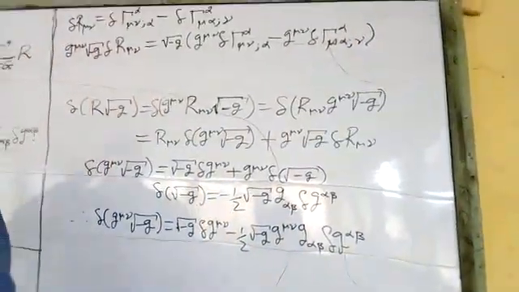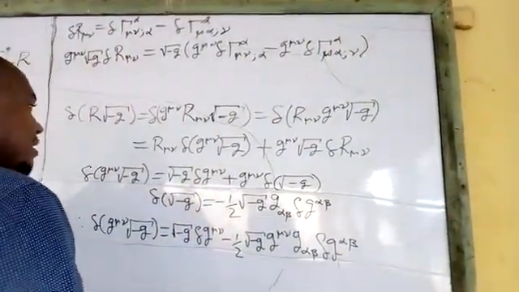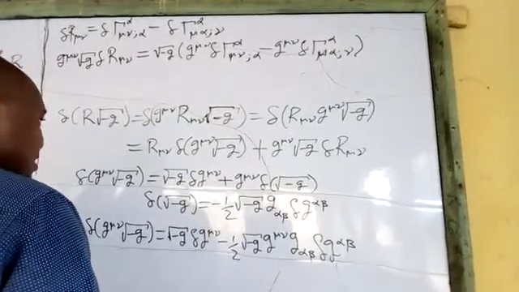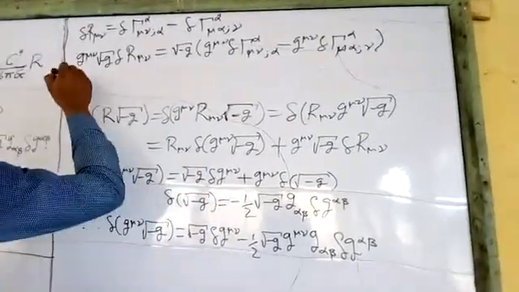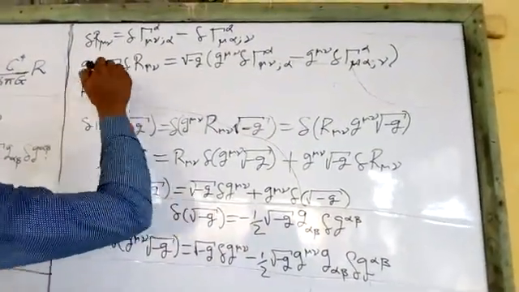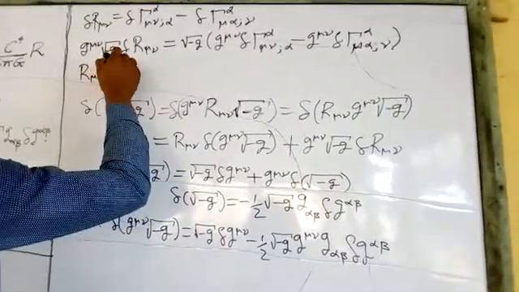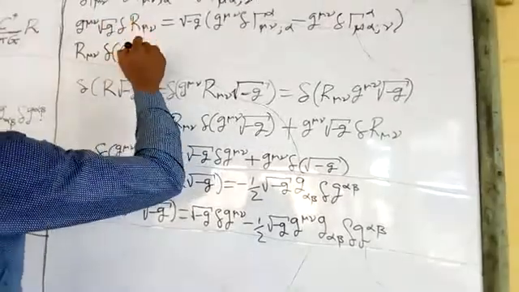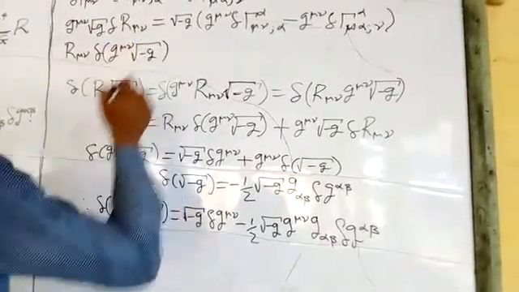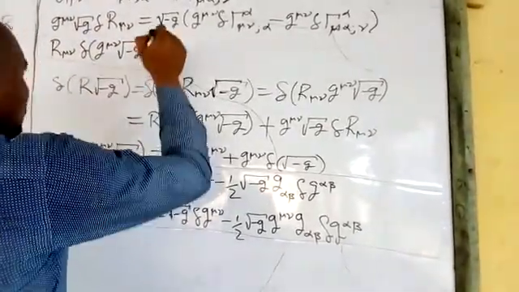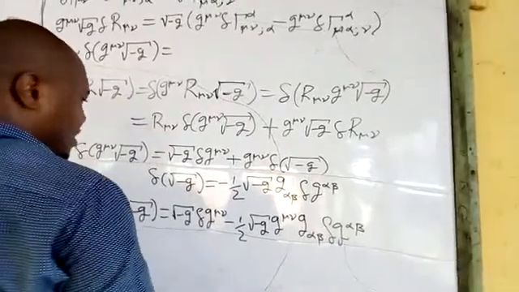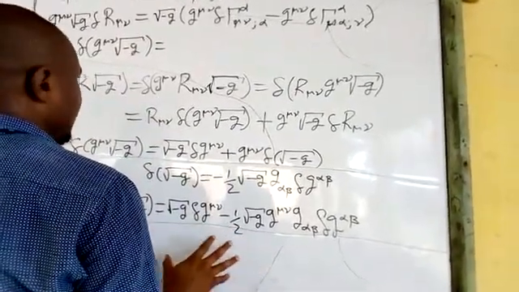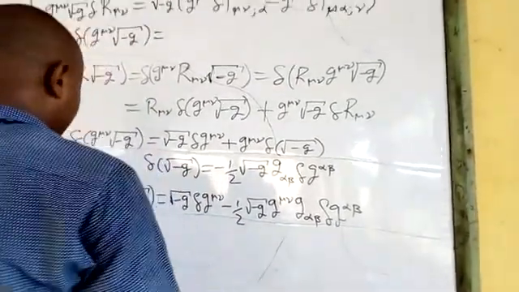Okay. The next thing then it means is for me to write what R mu nu here multiplied by the variation of g mu nu square root of minus g should give me. I think I should work something out here first because I'm going to have to make some simplifications.